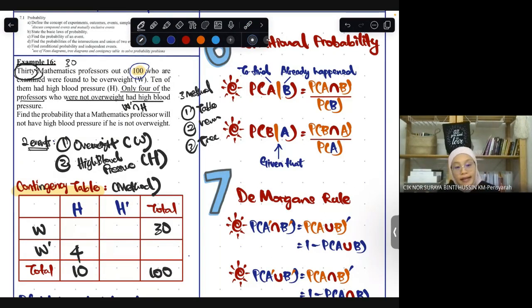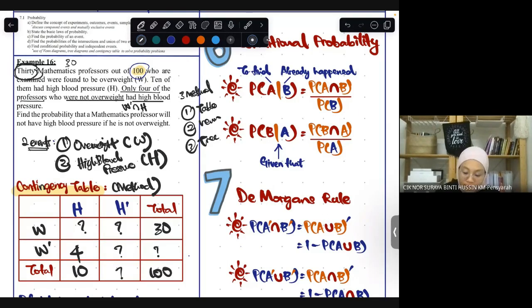So these black colors, numbers, is from the informations that you got from the long word. You faham ke what I meant here? Do you understand so far? So, daripada info ini, you boleh cari balance dia masing-masing. Okay?